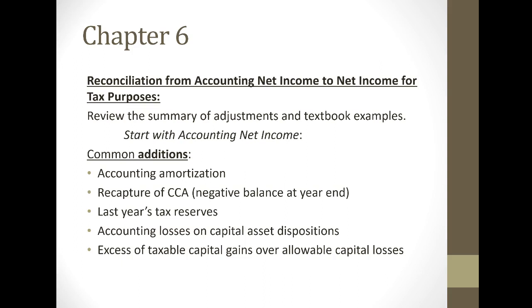If there's a positive amount, they have to add that as well. And also, if a company is starting off with their accounting net income and they've deducted 100% of meals and entertainment, then when reconciling their accounting net income to net income for tax, they add back 50% of those non-deductible meals and entertainment expenses.